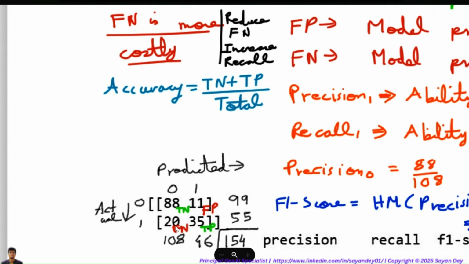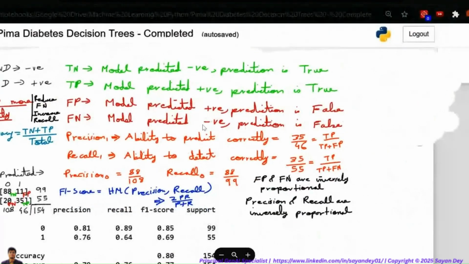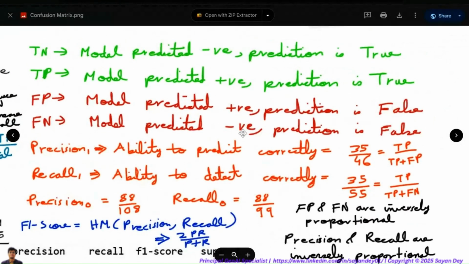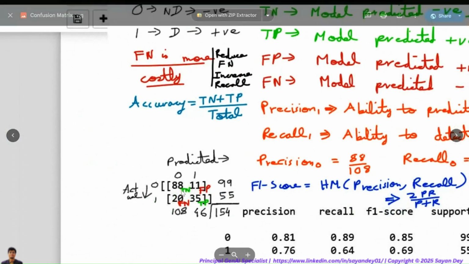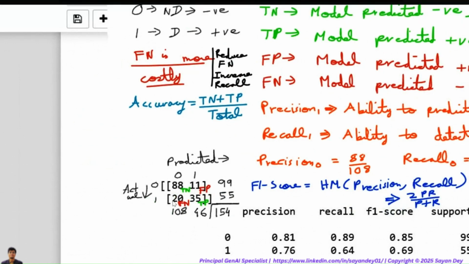So what is false negative? The model predicted negative and the prediction is false. Actually it is positive. So the model predicted 0, but actually it's 1.